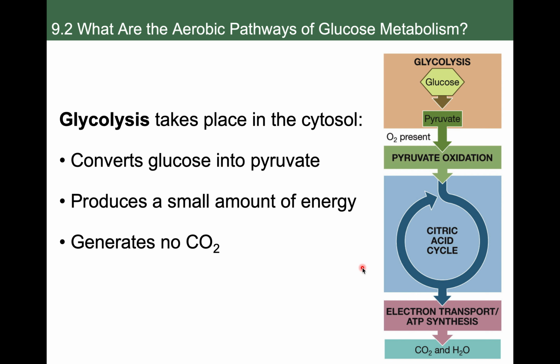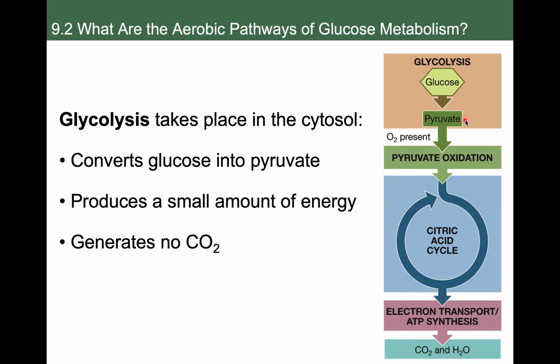We're going to start here with glycolysis, which takes place outside the mitochondria, in the cytosol. All of these other steps take place inside the mitochondria. If we look at the little box up here, the main thing happening in glycolysis is the conversion of a molecule of glucose into pyruvate.